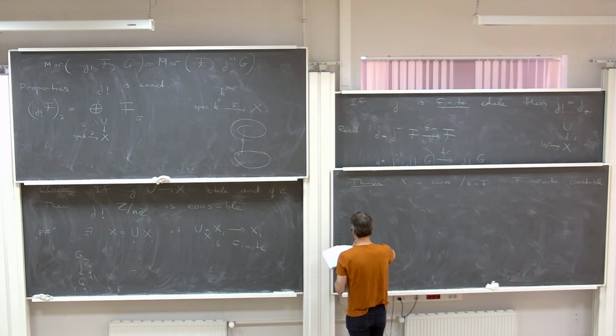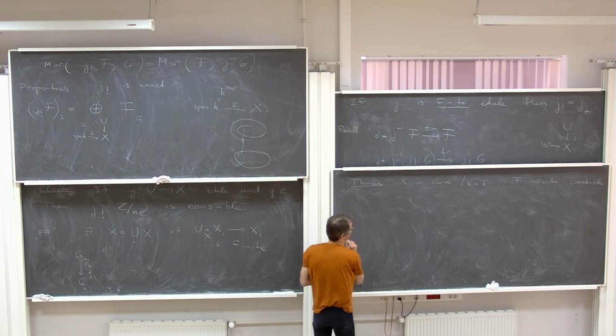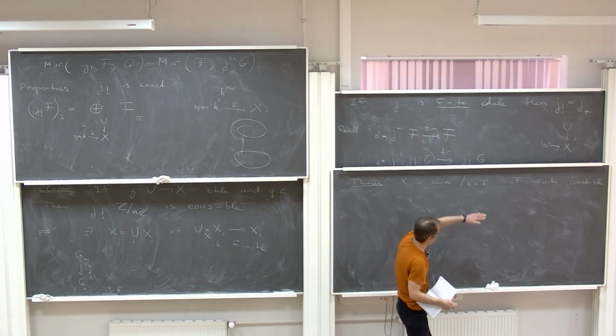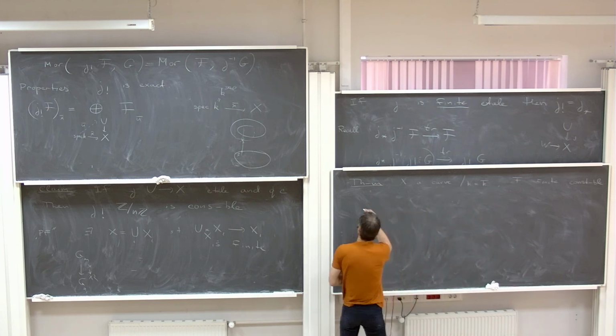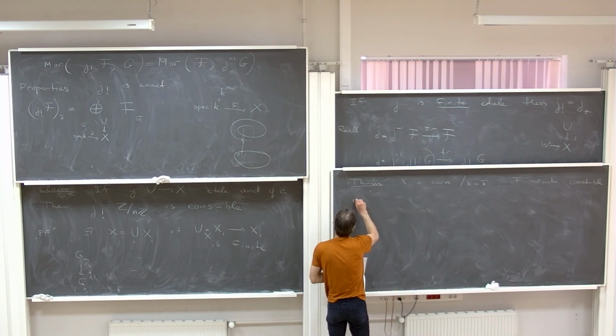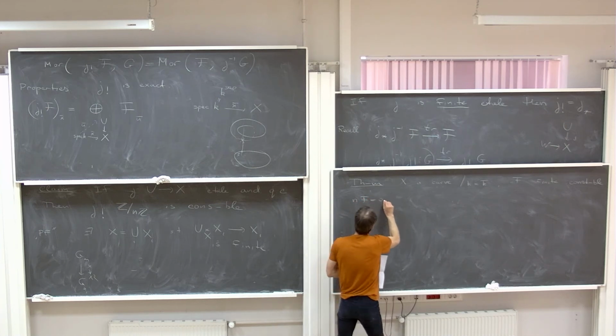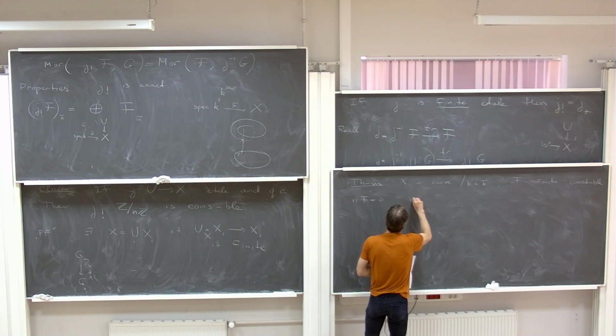Then, I'll assume that, in particular, it's a torsion sheaf, right? It's finite. So I will assume that it's killed by some integer n which is not divisible by the characteristic.